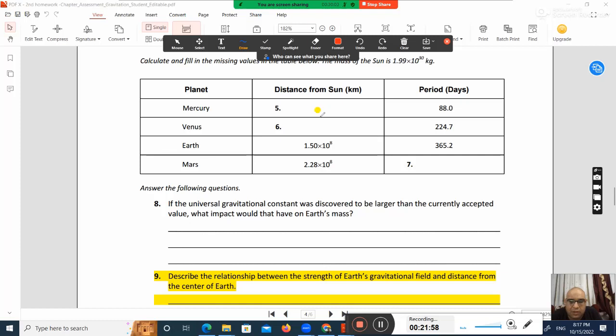We are going to use one rule, which is Kepler's third rule. Kepler's third rule is TA over TB, squared, equals RA over RB, cubed.